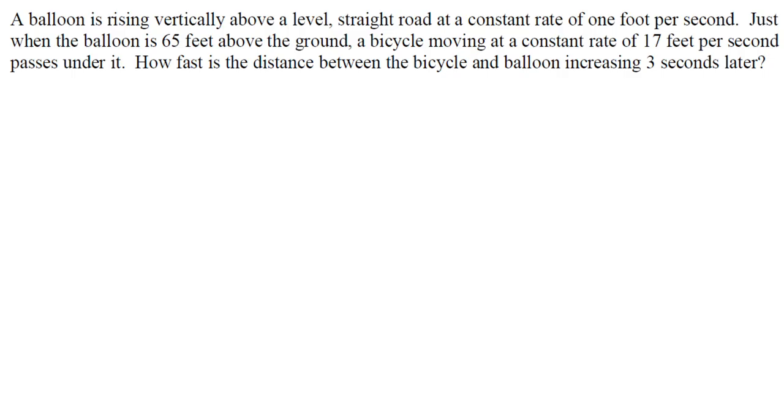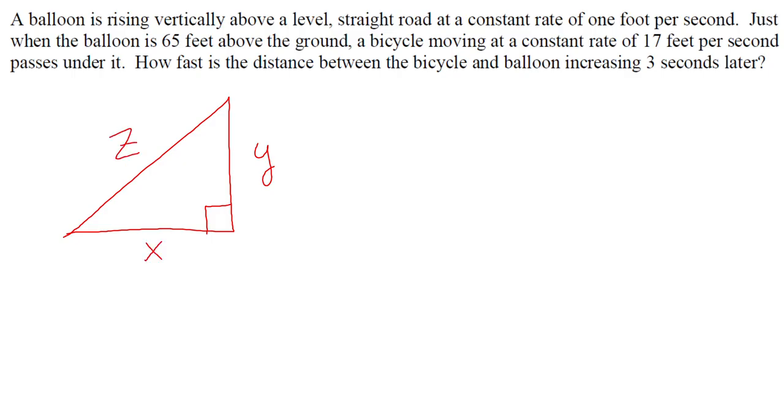So what we've got here is kind of a right triangle going on. Right? The balloon is rising vertically. We'll call that y. We've got this distance between them, which is z, and then the distance that the bicycle is away from that liftoff point of the balloon, which is x. Right? And so we can obviously come up with a relationship here that x squared plus y squared equals z squared.